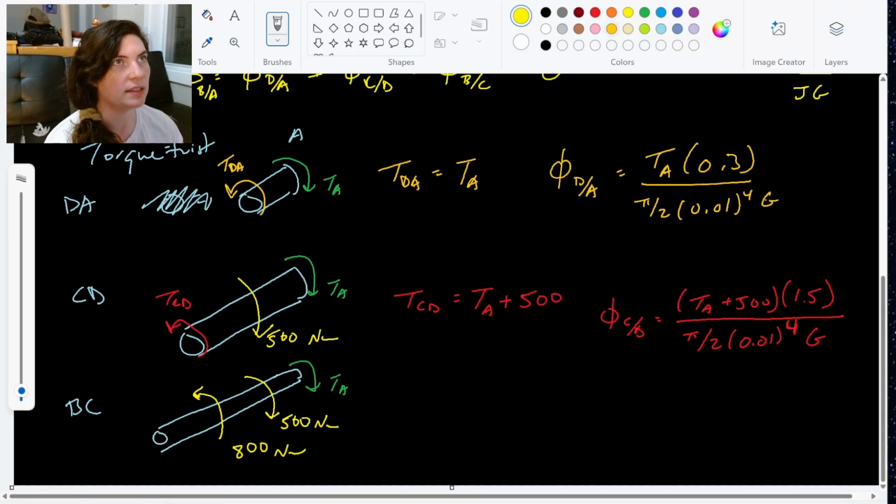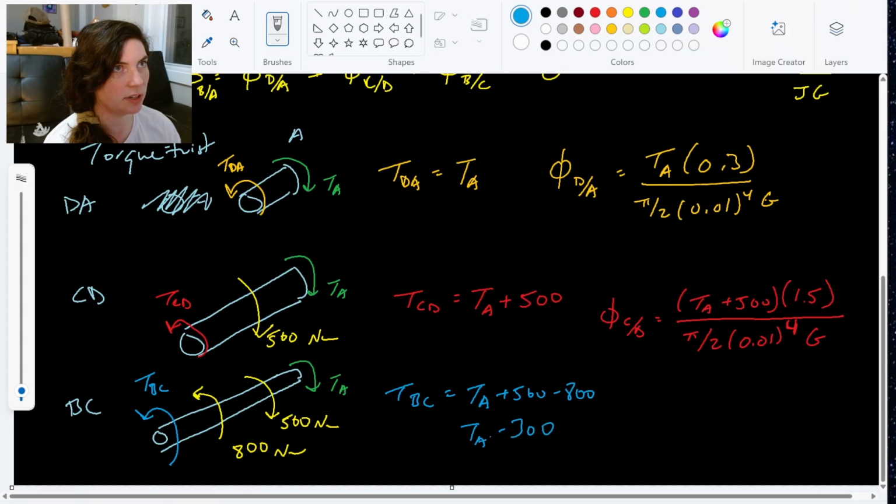So now when I set this guy up, I don't want to draw it that way. I want to keep my sign convention all the same for what I'm doing. All right, so TBC, that internal torque in section BC, is going to be TA plus 500 minus 800, or TA minus 300.